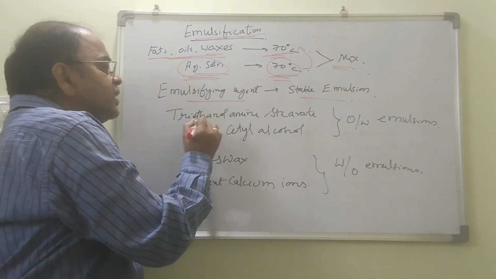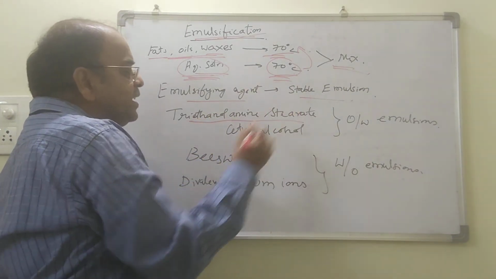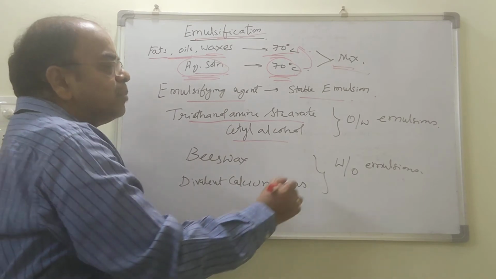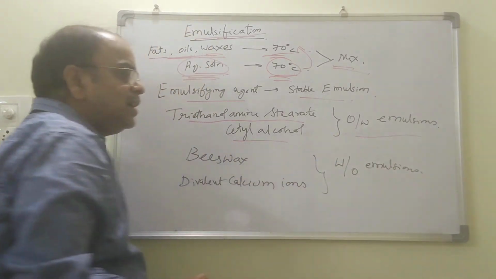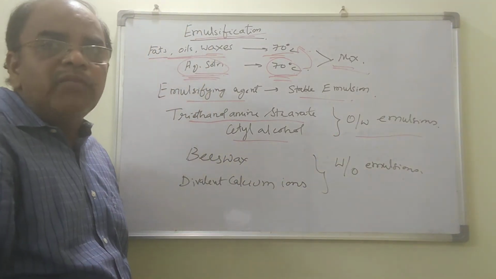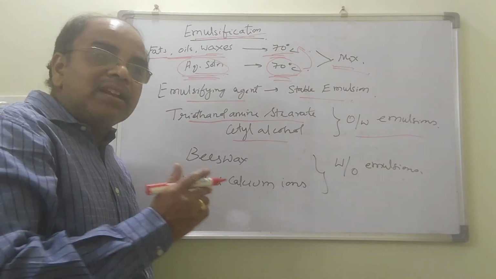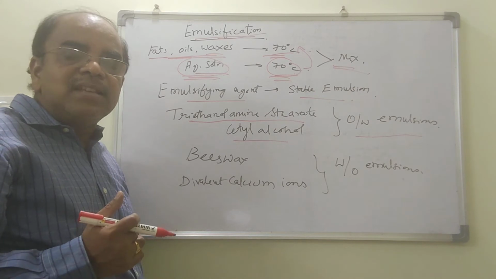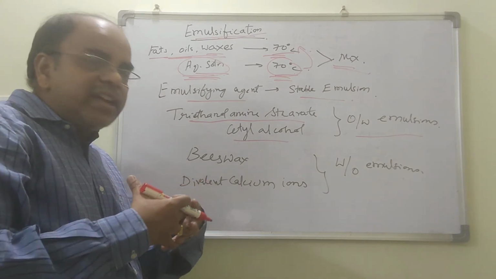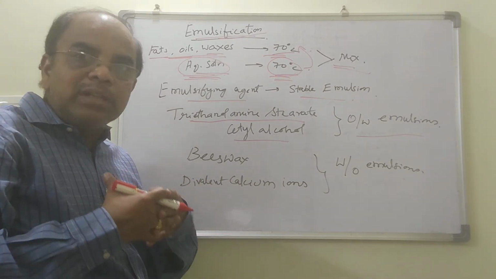We can use triethanolamine stearate and cetyl alcohol in the preparation of the O/W emulsions, which are the monovalent soaps. For example, if you are using the vanishing cream, it is having the triethanolamine and stearic acid separately, and it is combining together, forming a soap in situ during the preparation.